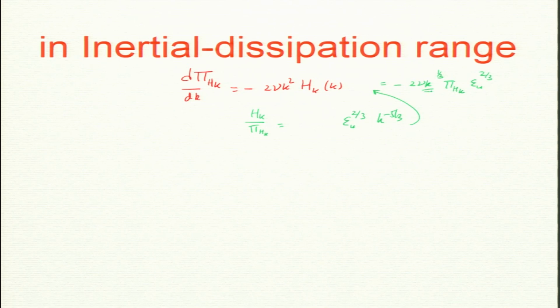So, k to the 1/3, integrate this, you will get k to the 4/3 with a minus sign. So, I write the answer. Pi Hk of k is an exponential, you can easily make a guess, k by kd to the 4/3 and 3 by 2. I forgot to say that the constant in front for helicity is not Kolmogorov, it is a new constant KH.